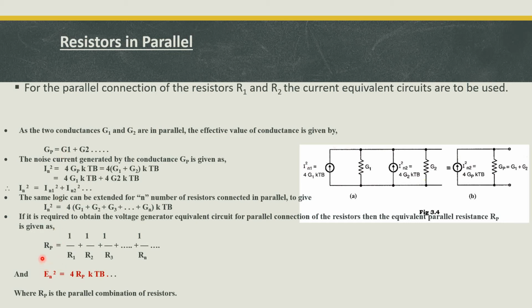So in terms of resistance itself, we can represent it as 1 by R1, 1 by R2, and so on. Now we have calculated the effective resistance Rp. By using this voltage formula, we apply this Rp to calculate the noise voltage: En square is equal to 4 Rp kTb. So this is the final formula to calculate your noise voltage if the resistors are connected in parallel.